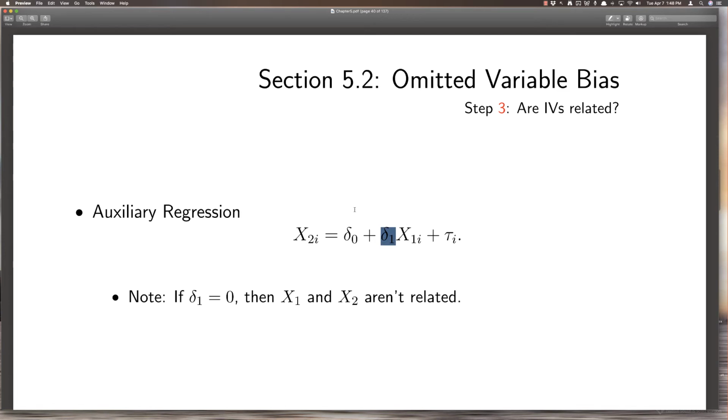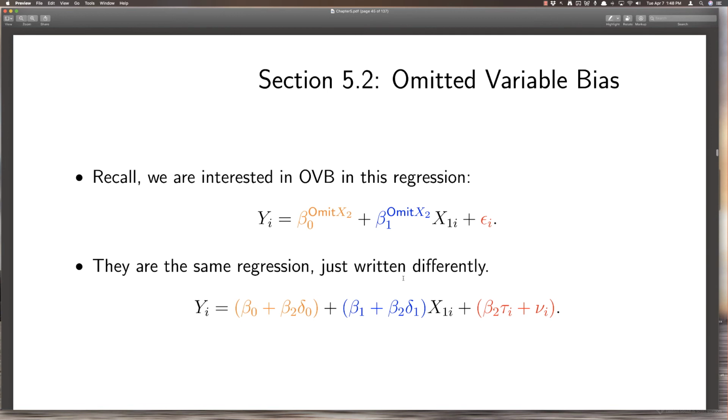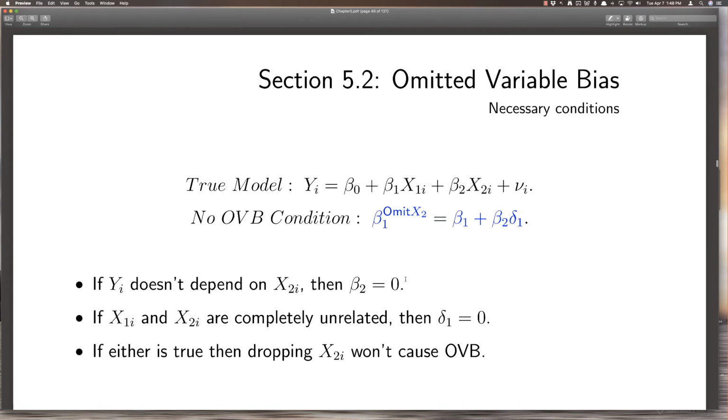It's the correlation between x1 and x2. So if delta 1 equals 0, then x1 and x2 are unrelated, and we're fine. So if either of these two terms is 0, then we don't have omitted variable bias, and so dropping x2 won't cause a problem. This will be just fine.